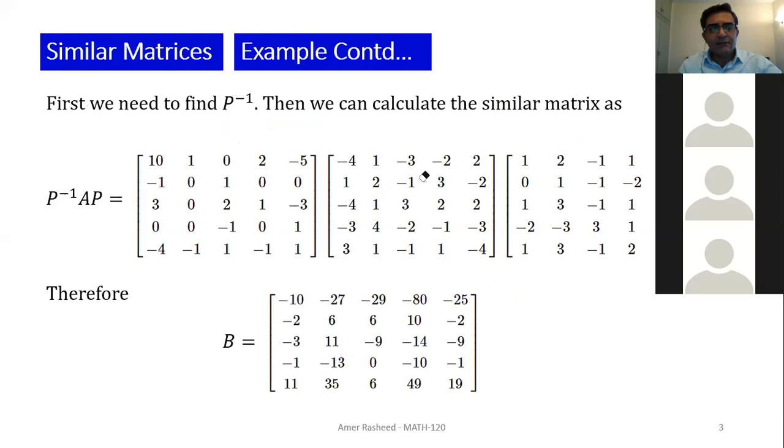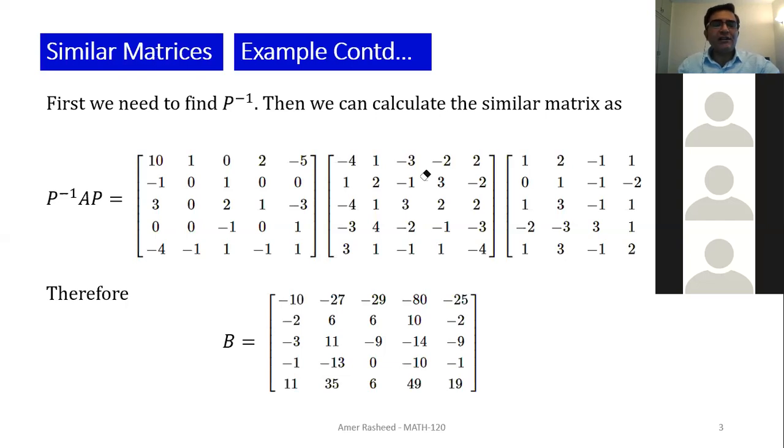Sir, if we multiply P into P inverse, we get the identity matrix, and then if we multiply that by A, we should get B, right? So shouldn't the elements of A and B be equal? No. Similar matrices are a different notion.